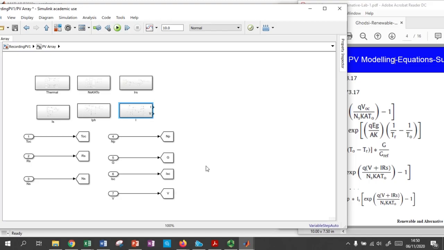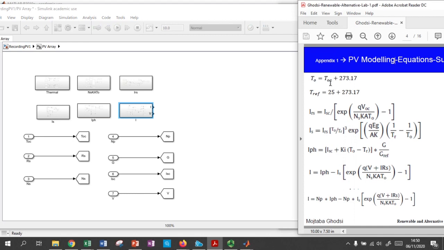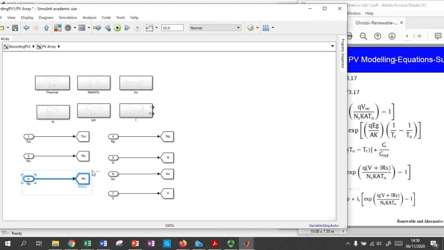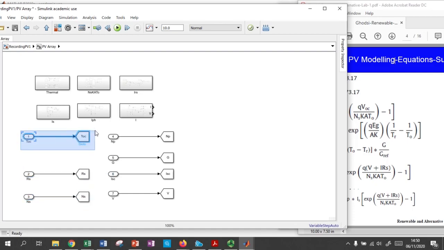Is there something else? I guess that we have TOC. Our TOC is done. VOC, open circuit. Oh, we forgot this one. Then we should consider VOC. Then I will write this one here.